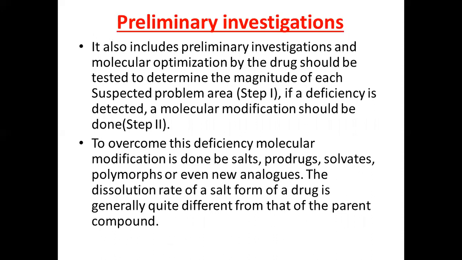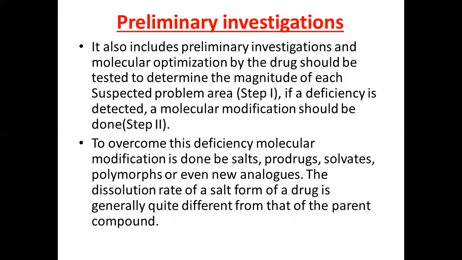And preliminary investigations also include literature survey and molecular optimization of the drug. And this molecular optimization, like molecular modeling, should be tested to determine the magnitude of each suspected problem area.